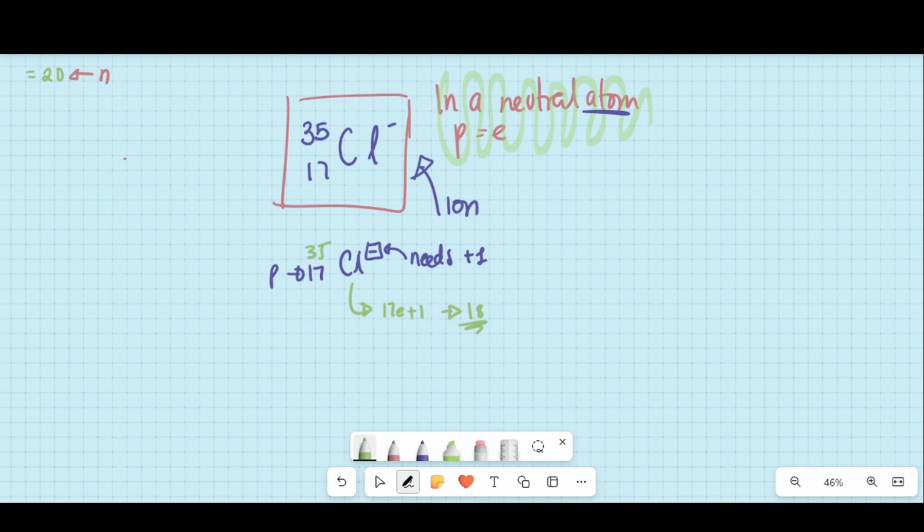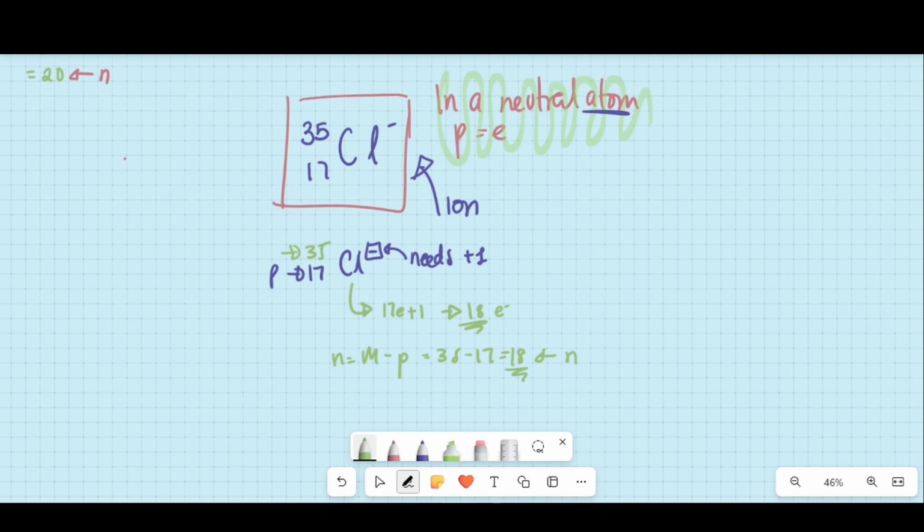To calculate the neutron number, N equals mass number minus proton number, which is 35 minus 17. We just did this earlier, which is 18. This is the neutron number and this is the electron number. Pretty simple.